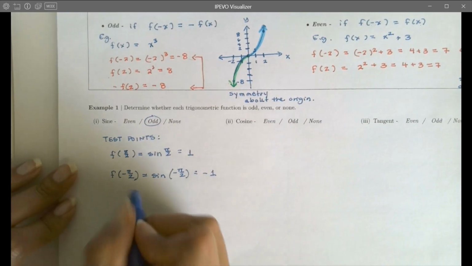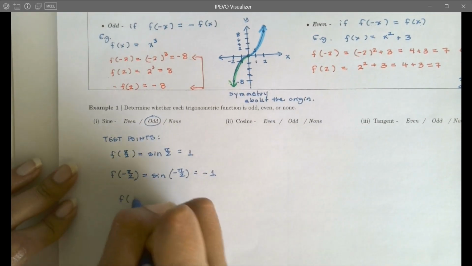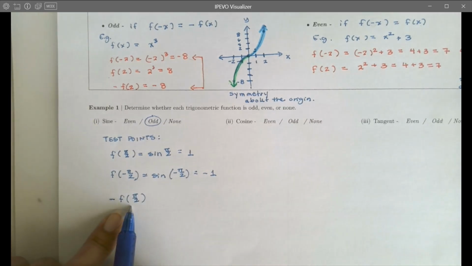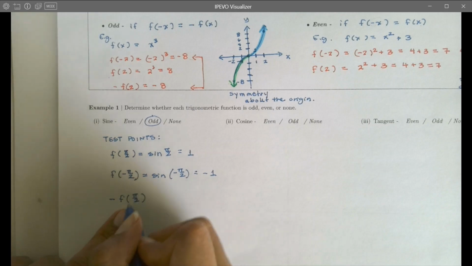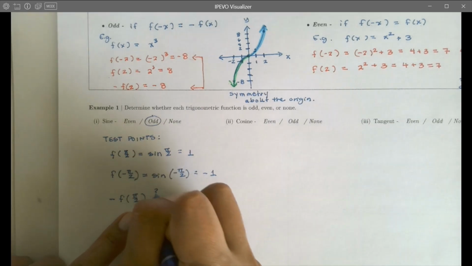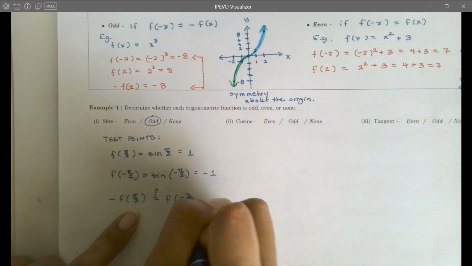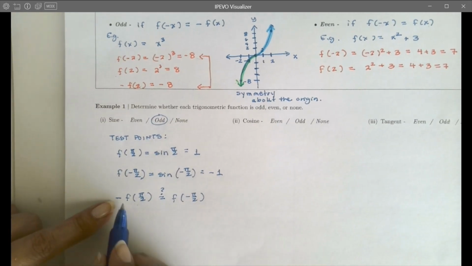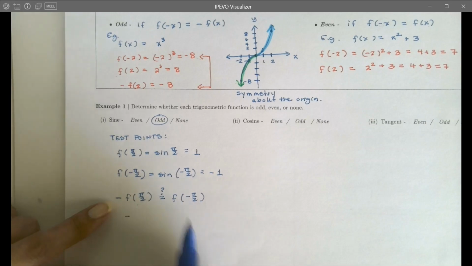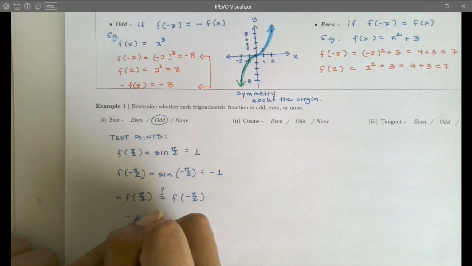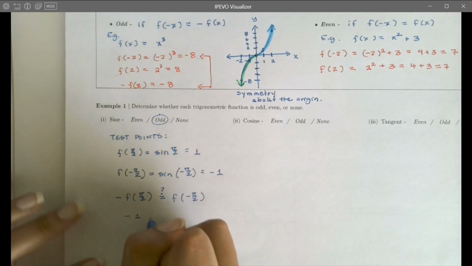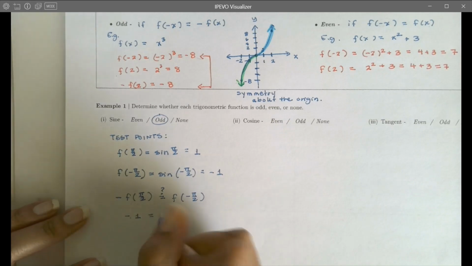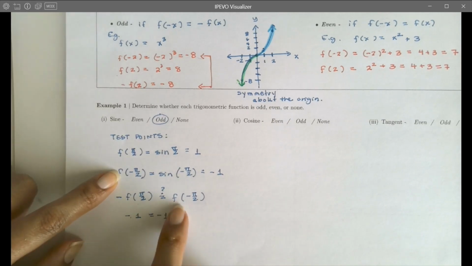What we need to check then is, is it true that negative f of pi over 2 is equal to f of negative pi over 2? Are those two going to be equal? Well, here we're going to get a negative 1 times 1, and that is equal to negative 1 for f of negative pi over 2.